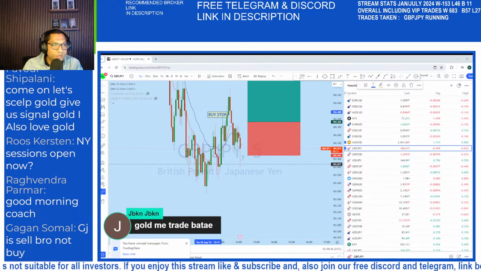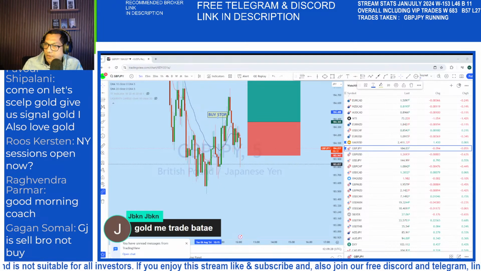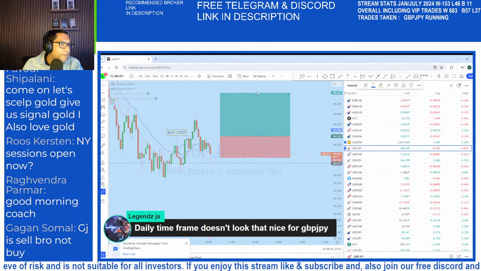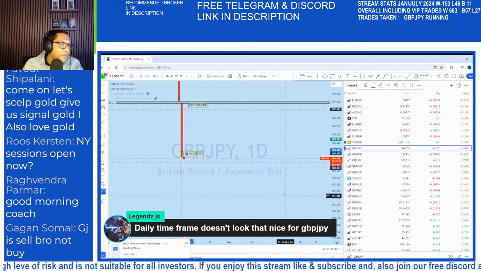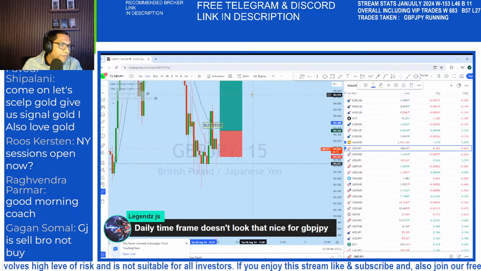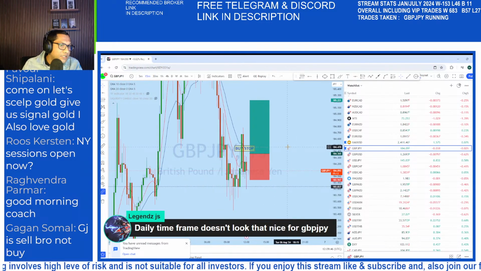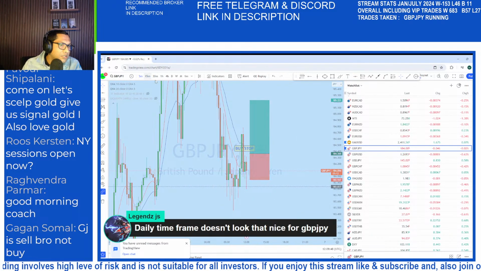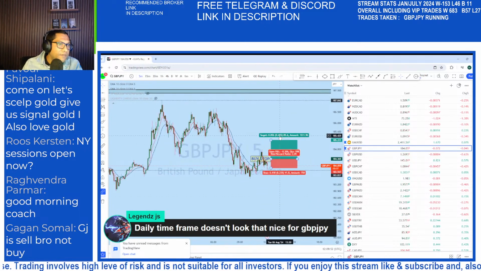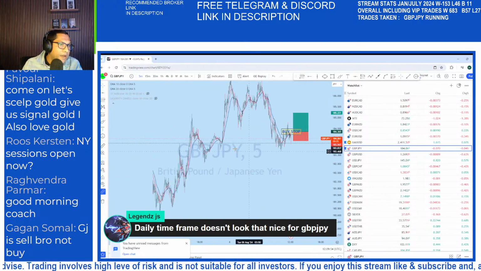Gold may trade because the daily time frame doesn't look that nice for GJ. No, the daily time frame. Yeah, this is a long-term bearish market, but from the daily, you can see now after grabbing that liquidity, it's trying to bounce. From the daily, it is a bear market.